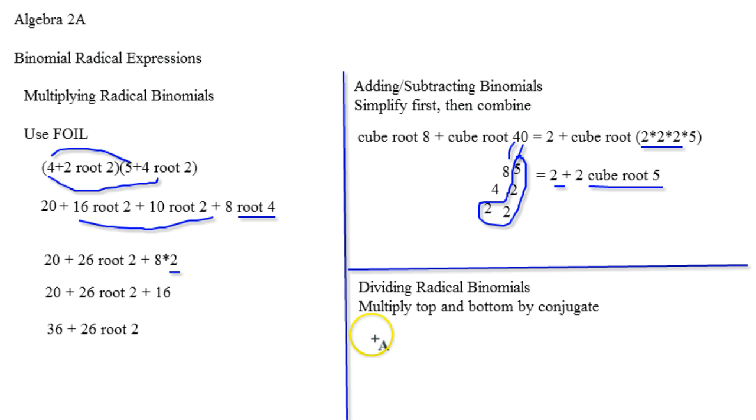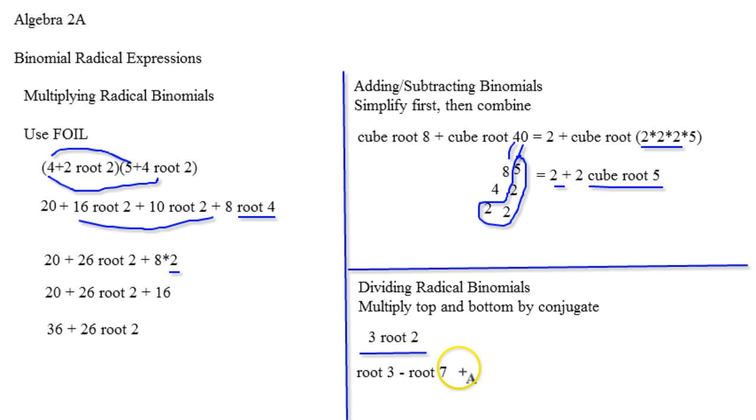Now, if we're dividing radical binomials, you need to multiply top and bottom by the conjugate to rationalize the denominator. I had to remember that for a second. So let's go 3 root 2 on top, and then root 3 minus root 7.